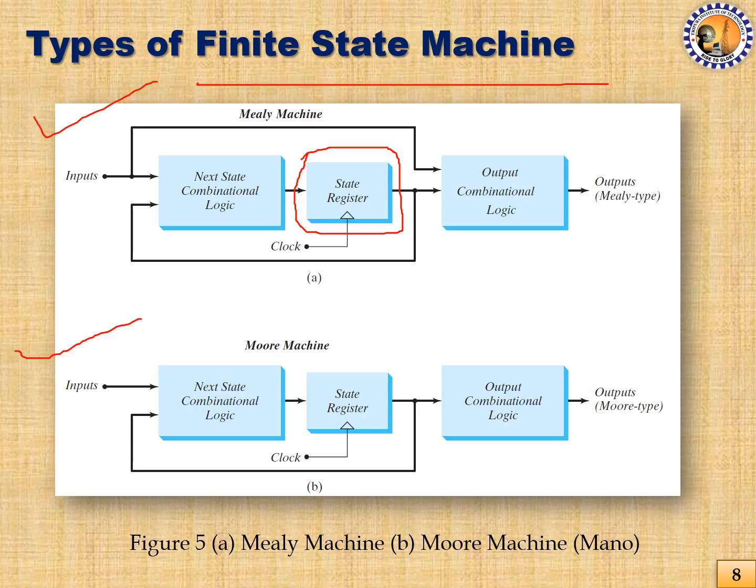But in Moore machine, the input is not directly connected to the output combinational logic. That means the output combinational logic decides based on the input received from the state register only. There is no direct input from the circuit input or the state diagram input to the output combinational logic.